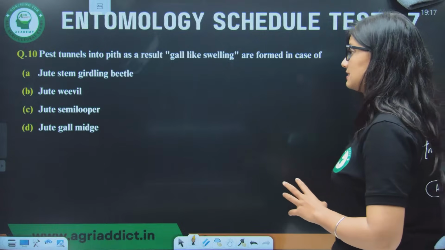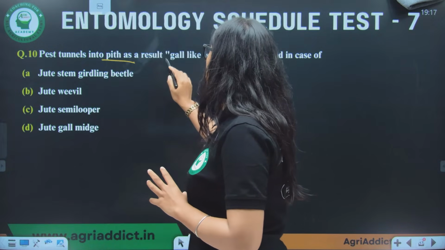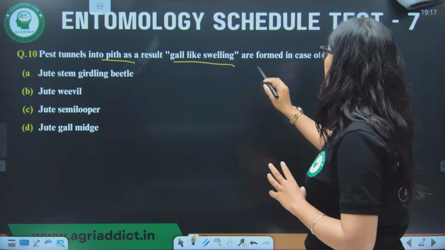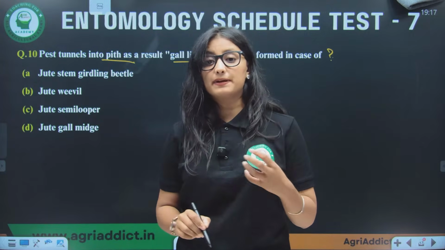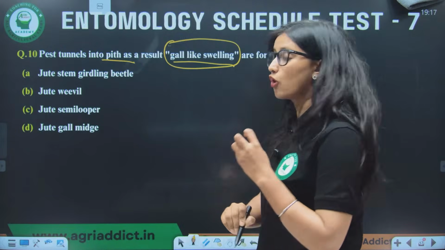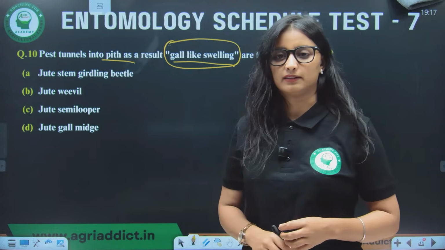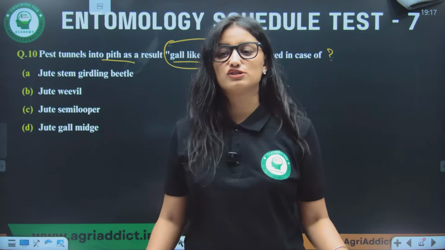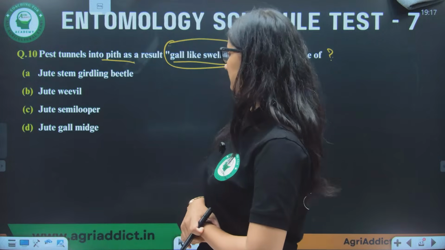Okay, so let's move to the next one. Pest tunnels into pith and gall-like swelling is formed in case of what? What typical symptom? Tell me the answer for this typical symptom, gall-like swelling. In which case? Today's one-liners only. Okay, B, D. What is it?